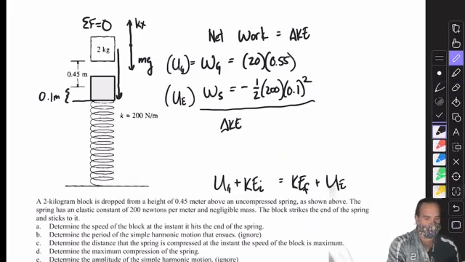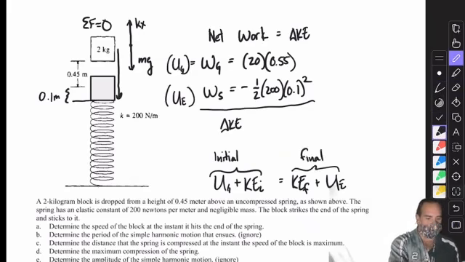If you'll notice, this represents the initial state of the problem, and this represents the final state of the problem. You guys from last year should recognize this as the way we described conservation of energy. That you add up all the forms of energy the object has at the beginning, and you set it equal to the forms of energy it has later.